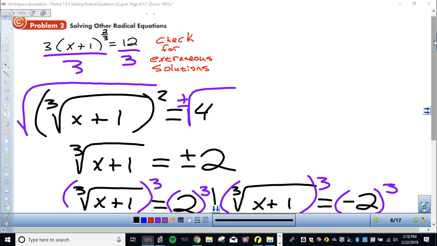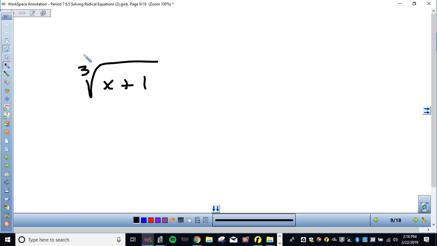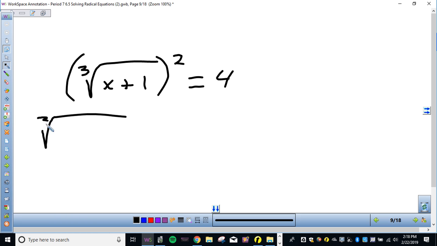So cube root of x plus 1 squared equals 4. So I'm going to plug that in. So cube root, it was negative 7. What was it? Positive 7. Thank you.